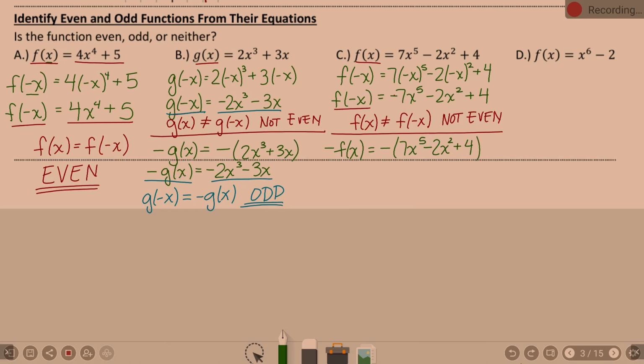Notice I'm using the original function. When I multiply everything by a negative, that changes all the signs, right? This becomes negative 7x to the fifth. Negative times negative becomes positive 2x squared. Negative times 4 becomes minus 4.